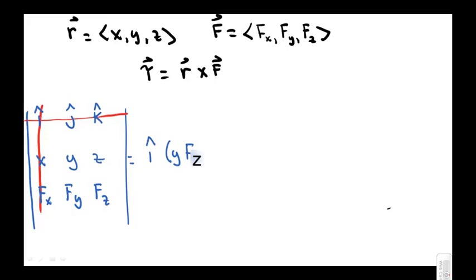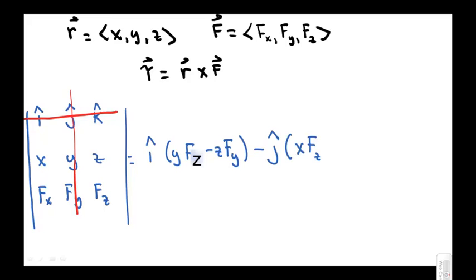Now, to compute the x component of the torque, we compute the determinant of this matrix, which is y times F sub z minus z times F sub y. We multiply this term by the unit vector i to remind us that this is the x component of the cross product, the x component of the torque.